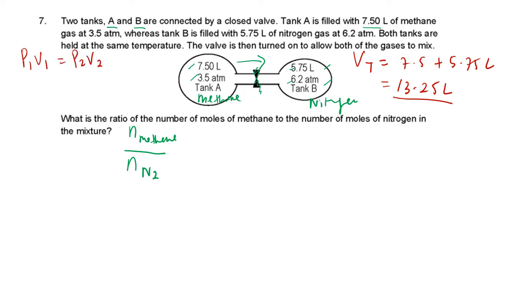So this is for methane gas. P1 for methane is 7.5 liter times 3.5 atm, so 3.5 times 7.5, and P2 is the partial pressure that we need to calculate, and V2 is 13.25.